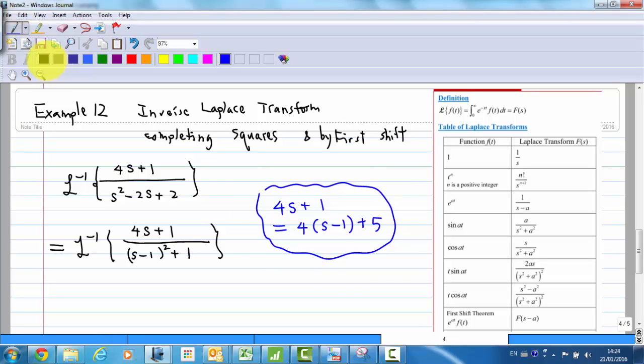That means we are trying to figure out the inverse Laplace transform of 4 times (s minus 1) plus 5 over (s minus 1) squared plus 1.